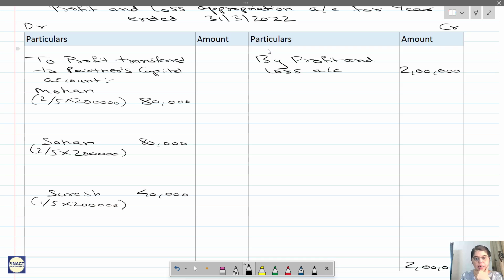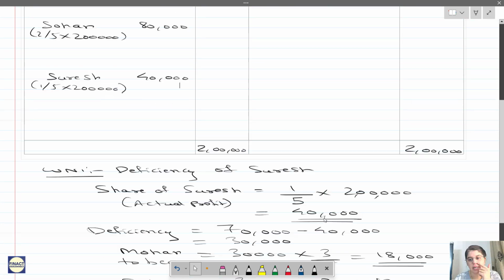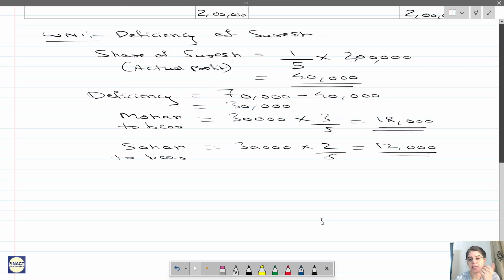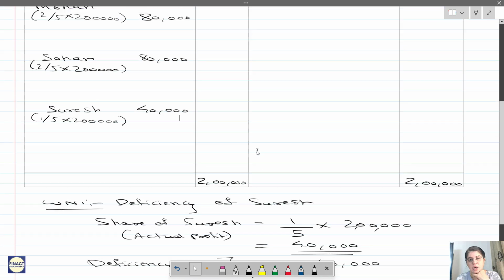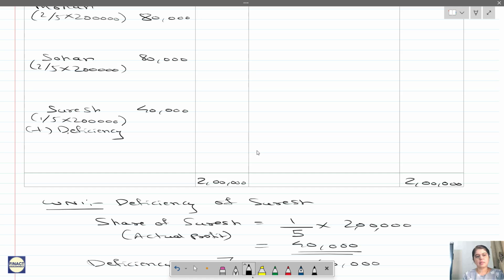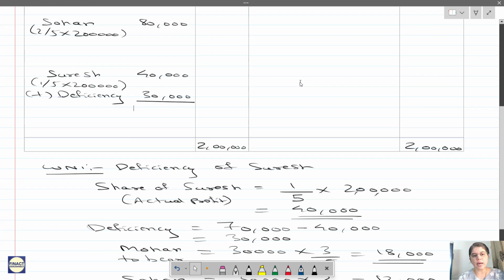Then we calculated the deficiency, correct? So let us adjust it directly. No need to pass the entry, adjust it. So how much is the deficiency? 30,000. So we will add this 30,000 to Suresh, and it will be given by Mohan and Sohan.